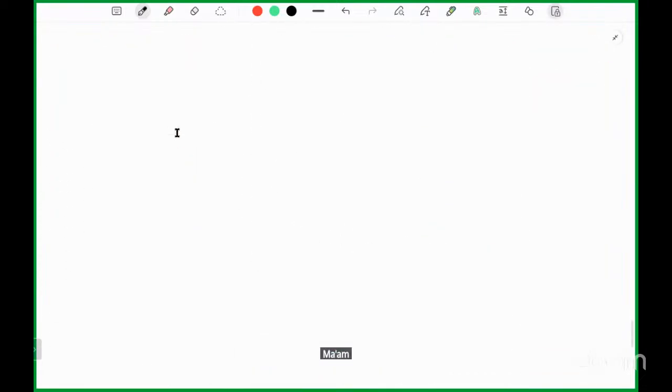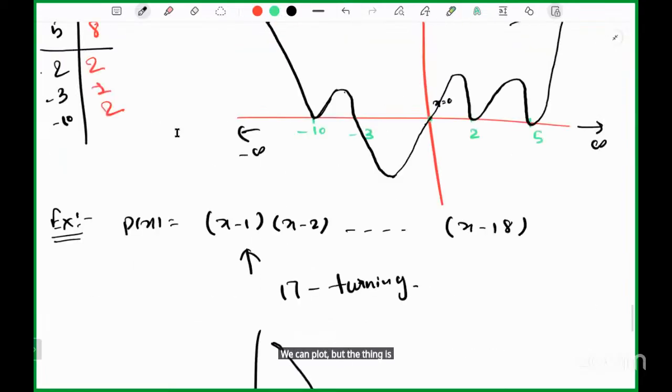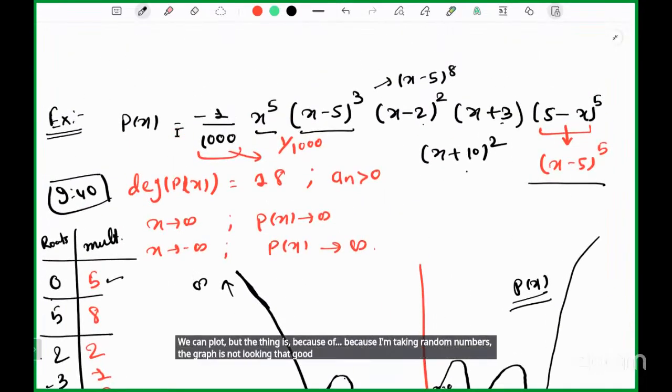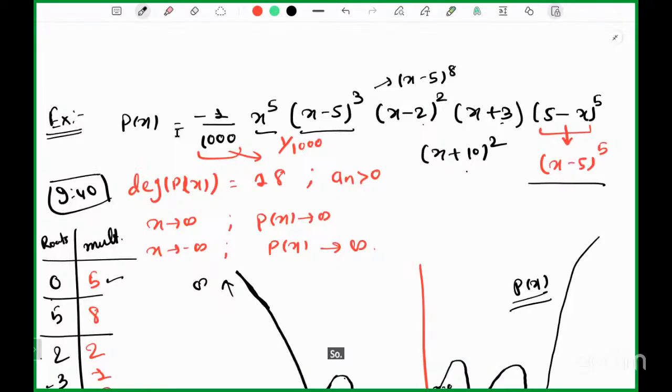Ma'am, can we plot the polynomial in Desmos? We can plot, but because I'm taking random numbers, the graph is not looking that good. So let me check for this polynomial too. It's minus 1 by 1000. If it looks good, I'll share my screen. Otherwise, I won't share my screen.